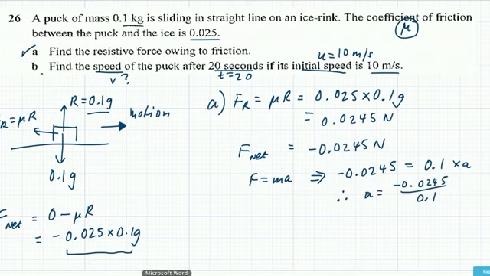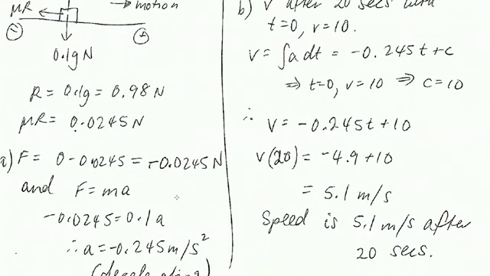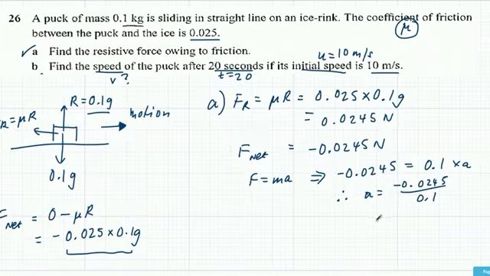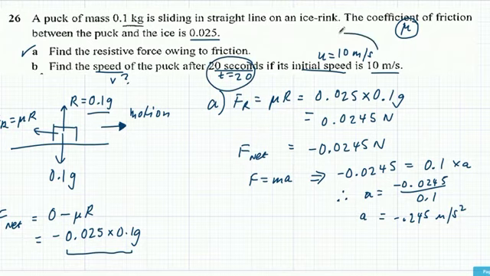And in the worked solutions, we get negative 0.245 meters per second squared for a. So now we've got time, initial speed, and acceleration.